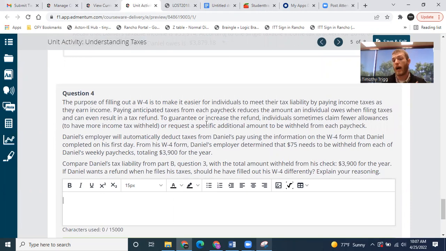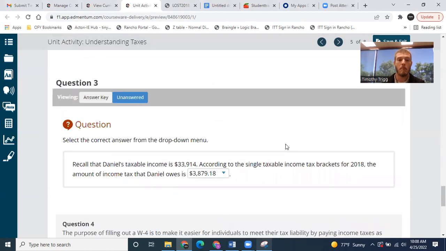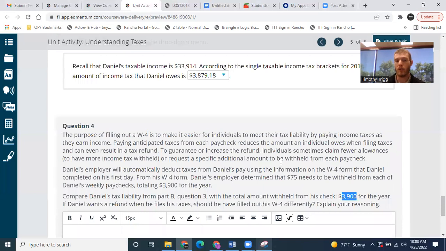So according to how he filled out his W-4 and $75 getting taken out of his paycheck every week, he's going to end up getting a tax refund at the end of the year. So for the amount of the tax refund, you take however much you paid minus however much you actually owe in taxes, and that'll give you a refund. His refund's not going to be very much at all.